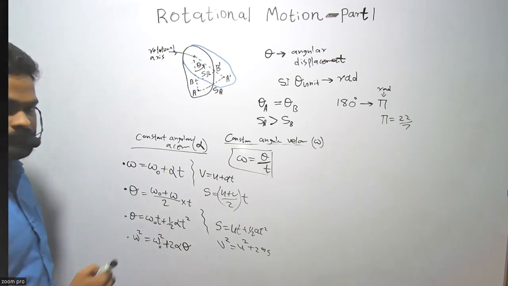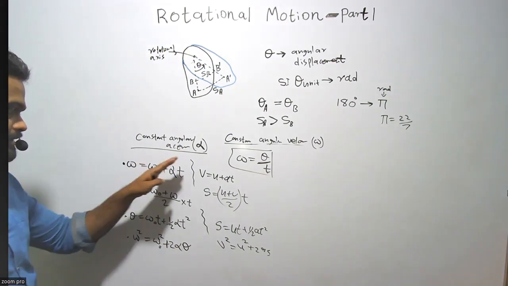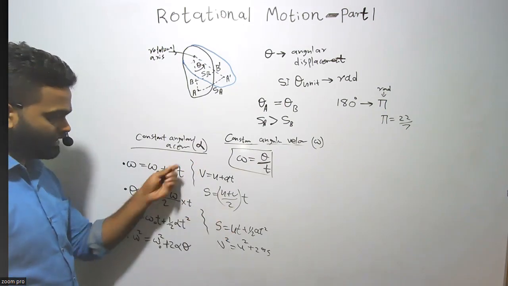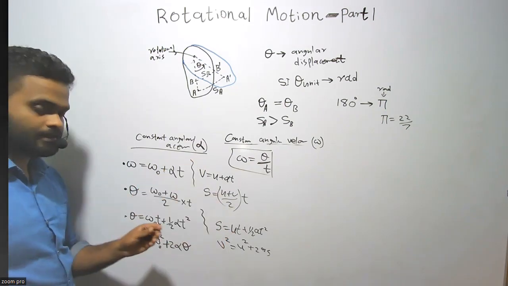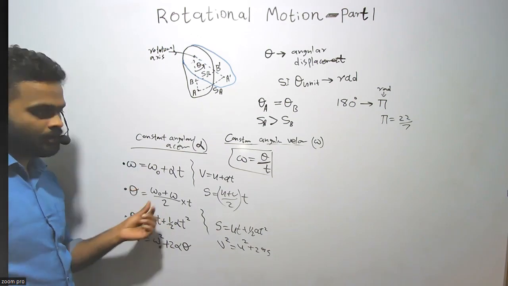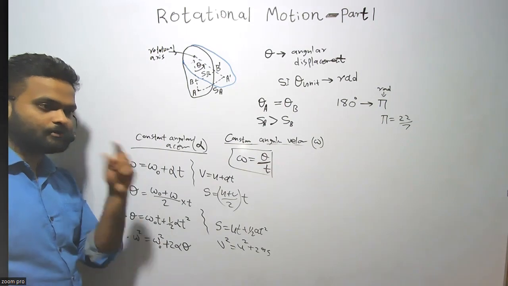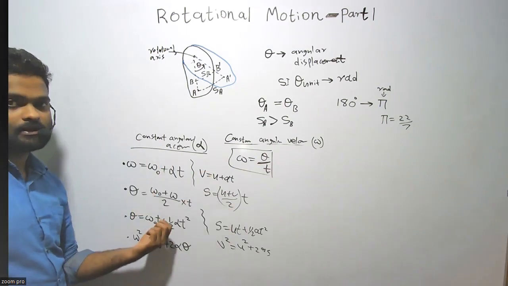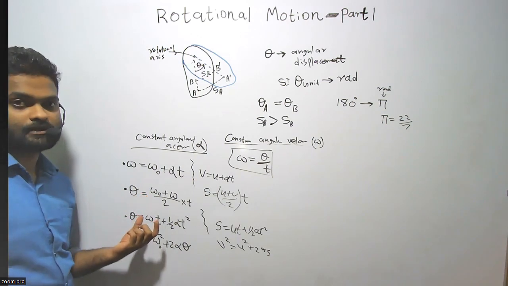So these are the four main equations. You can see they are almost similar to the linear motion equations, right? If somehow you wouldn't remember one of these, always think about the linear motion equation. Then you can convert that into an angular motion equation, right?